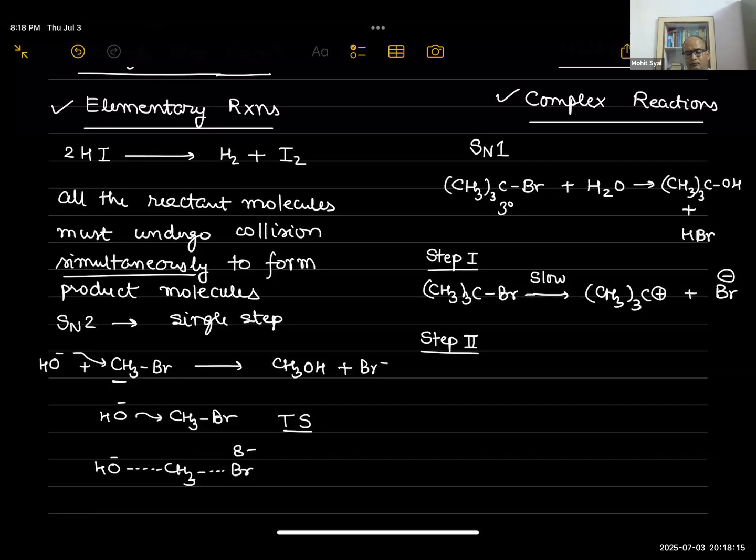for step two, what happens? The nucleophile, like OH, will attack the carbon. Now the carbon is more free, so now the OH will attack. Okay, this is a fast step.